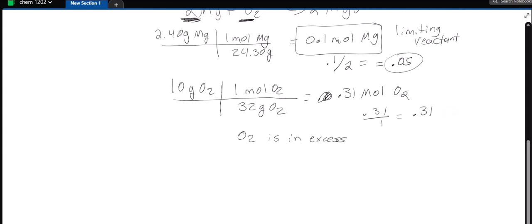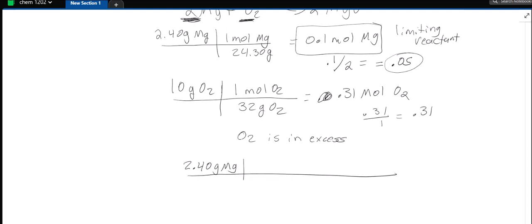Now we want to figure out how much magnesium oxide we would actually make with our 2.40 grams of magnesium. So 2.40 grams of magnesium, 1 mole of magnesium is 24.30 grams.